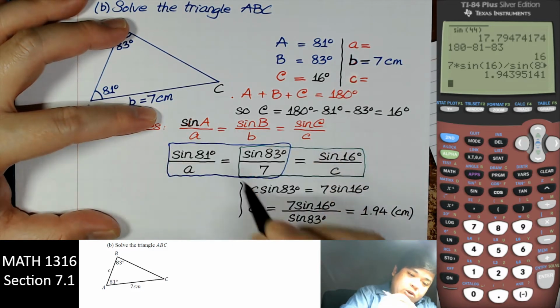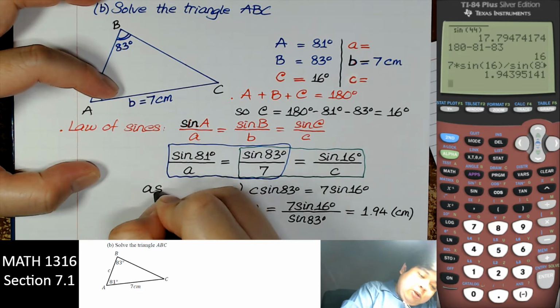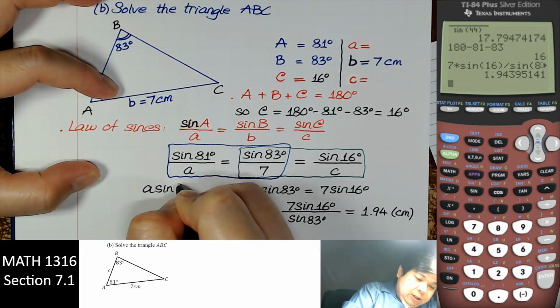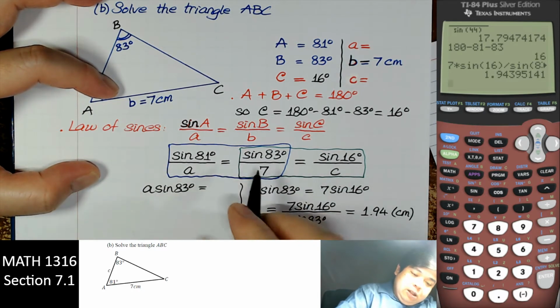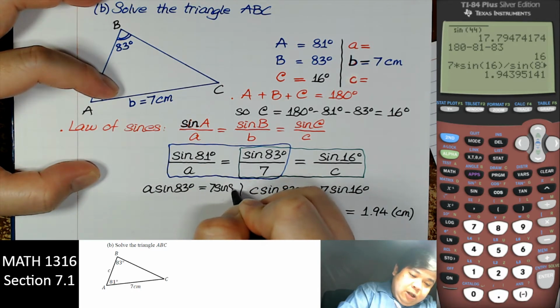Right. Now, if we take the first two ratios and cross multiply, a sine of 83 degrees equal to 7 sine of 81 degrees.